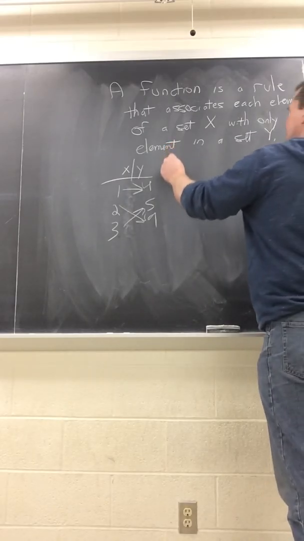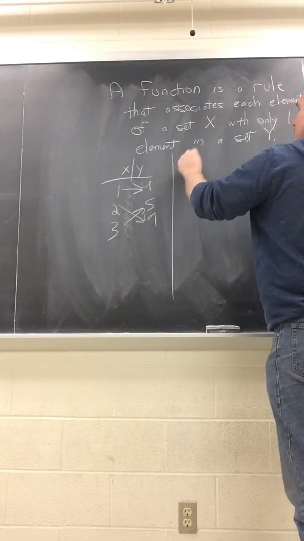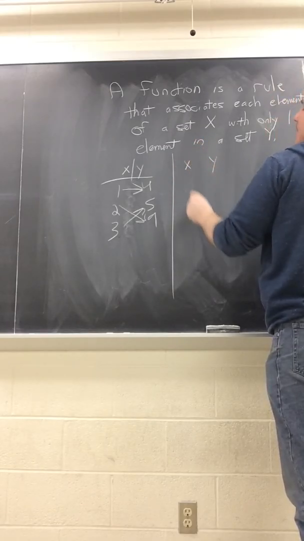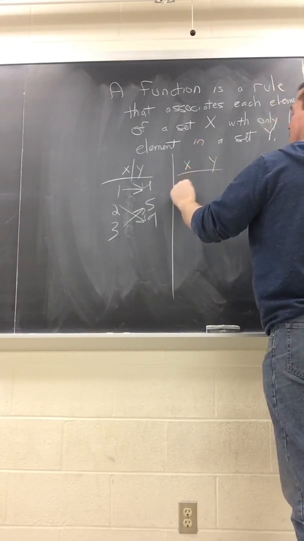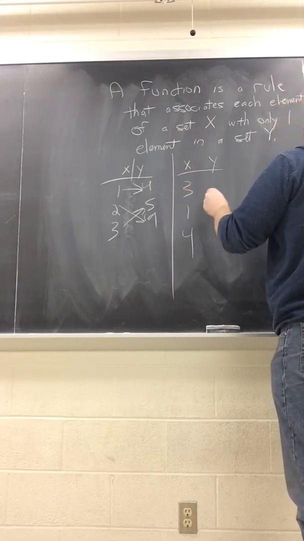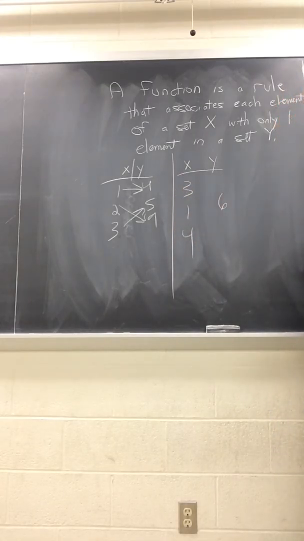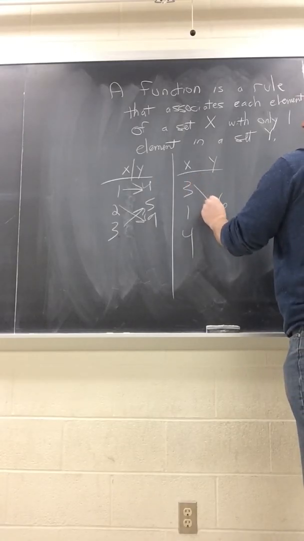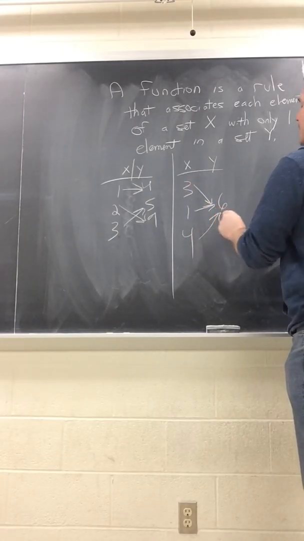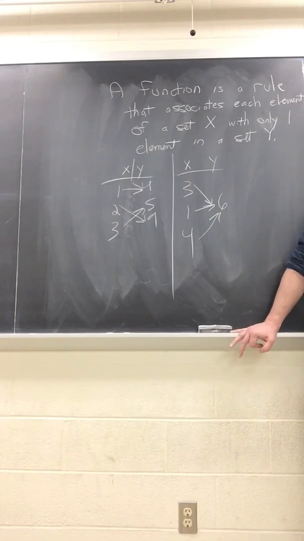A couple other examples just to make this clear. Suppose we have another set X and Y. For X we'll do 3, 1, 4. For Y we'll just do 6. And then for our rule, we'll send 3 to 6, 1 to 6, and 4 to 6. Is that still a function?